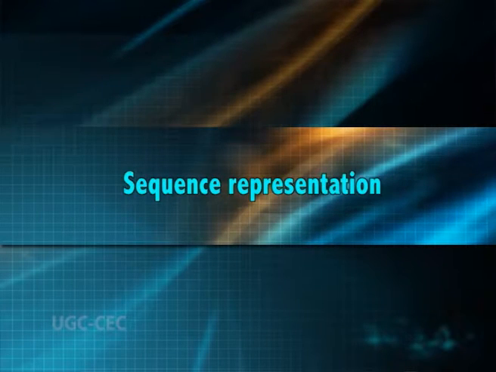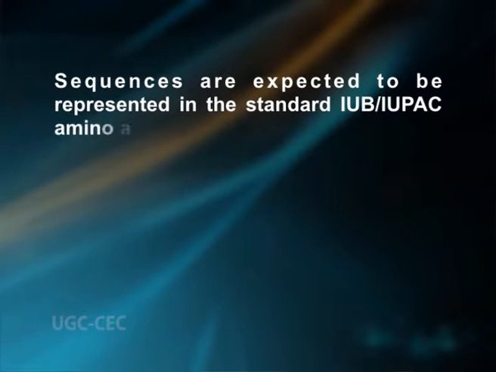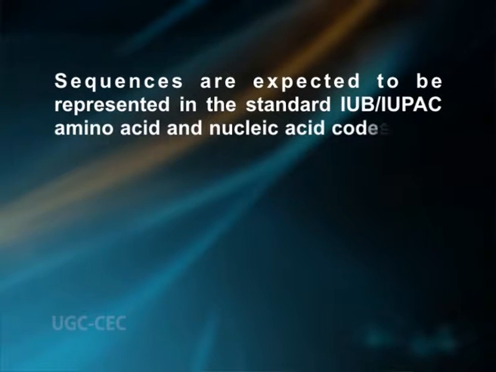Sequence representation. After the header line and comments, one or more lines may follow describing the sequence. Each line of a sequence should have fewer than 80 characters. Sequence may be protein sequence or nucleotide sequence, and they can contain gap or aligned characters. Sequences are expected to be represented in the standard IUB, IUPAC amino acid and nucleic acid codes.